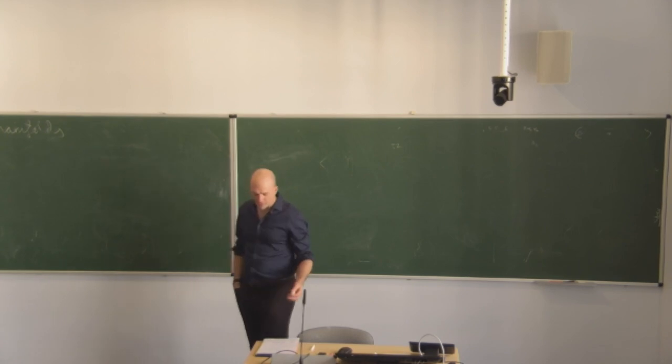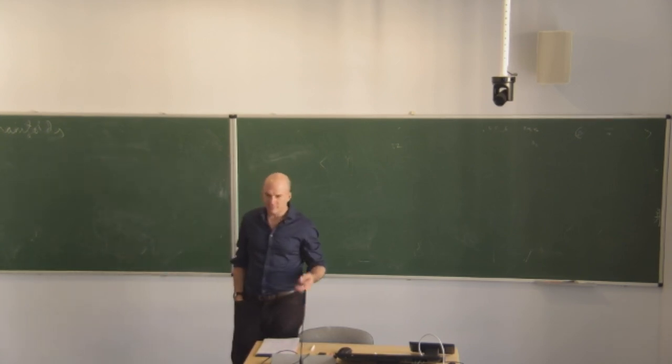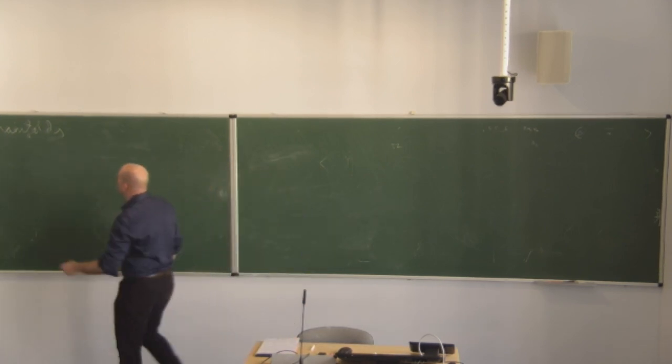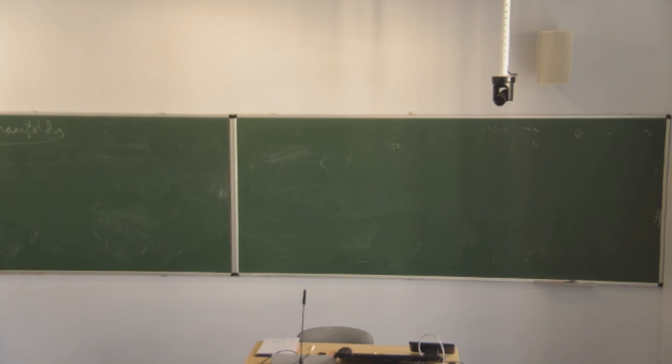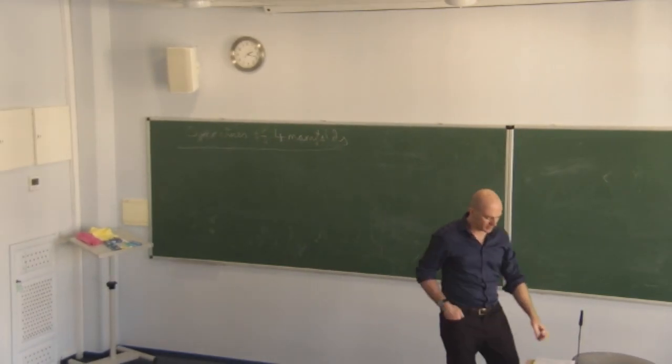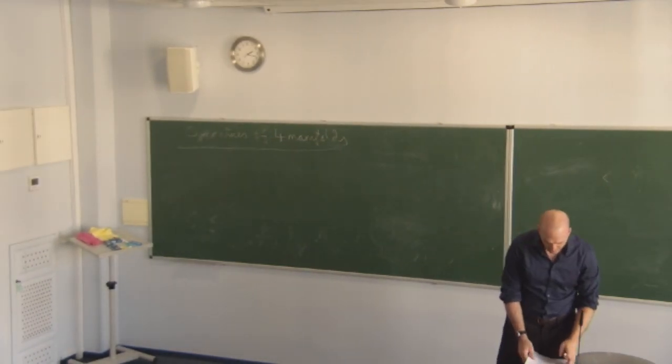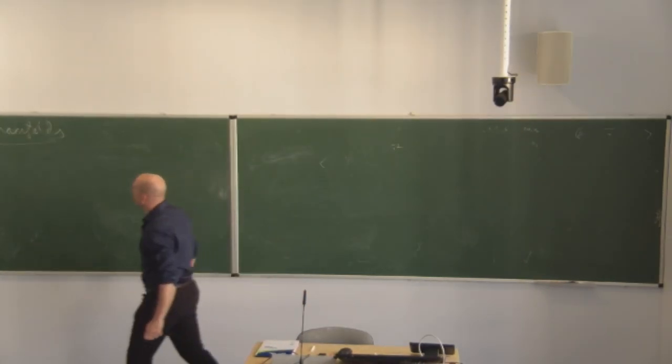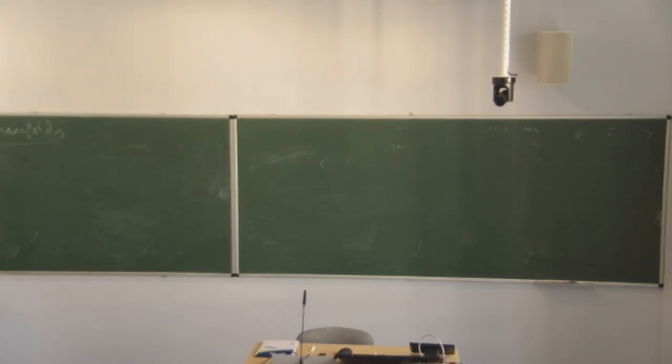I want to try and tell you about symmetries of four manifolds, focusing in particular on mapping class groups of four manifolds, because those are the ones that we know the most about.